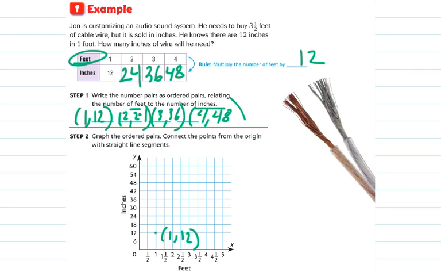Our next ordered pair is 2, 24. Our next ordered pair is going to be 3, 36. And our last ordered pair is going to be 4, 48.